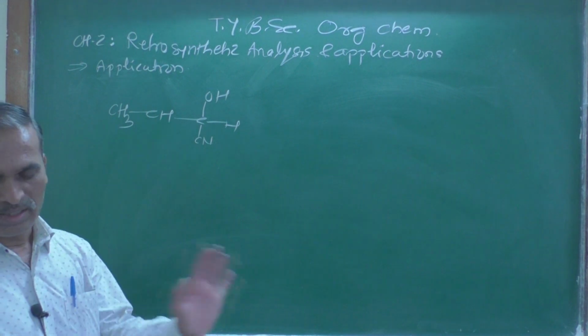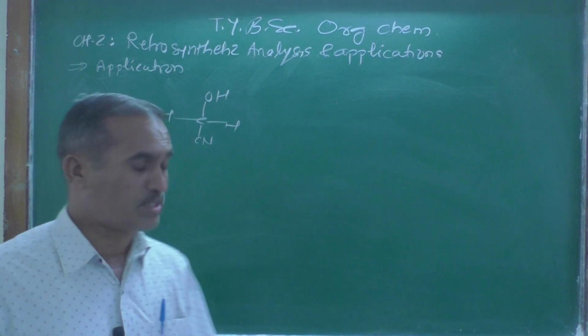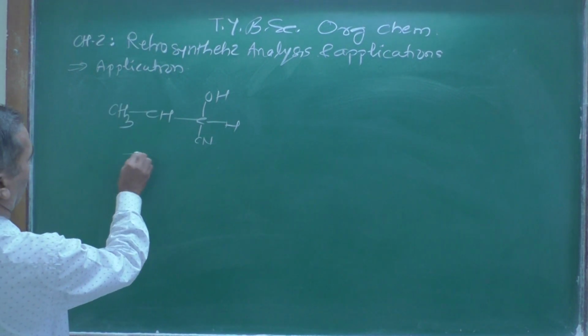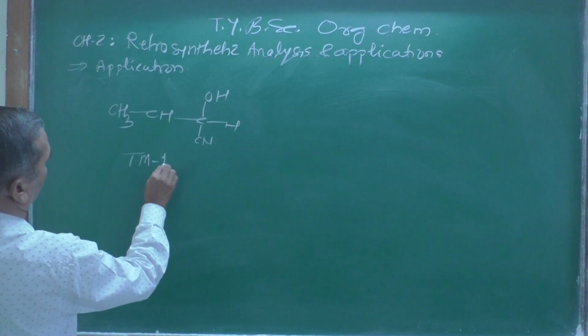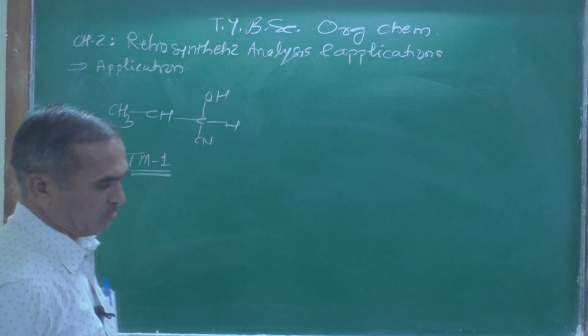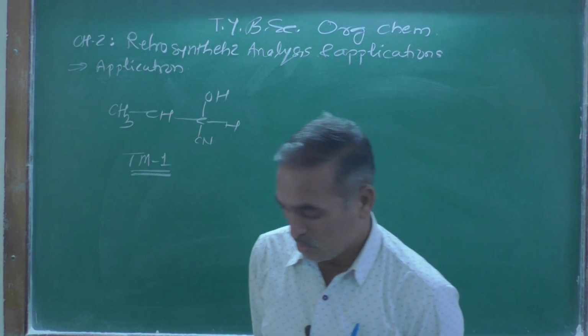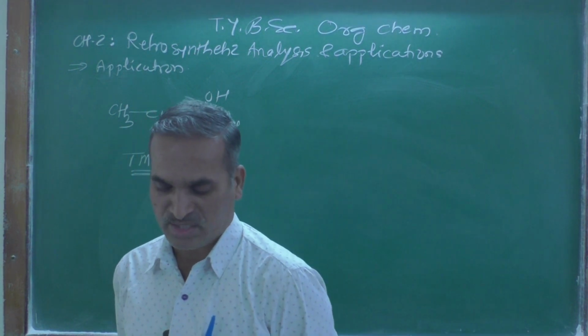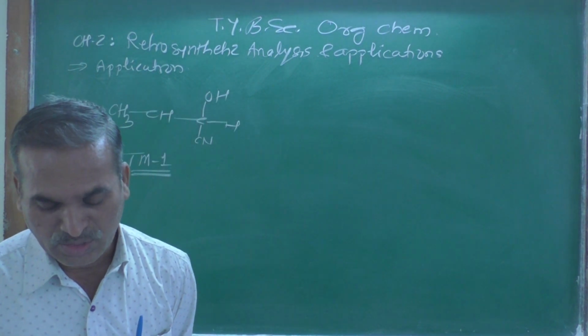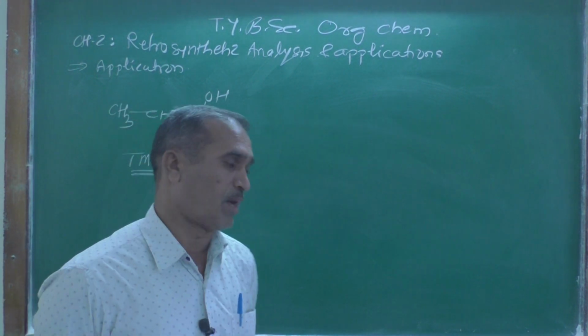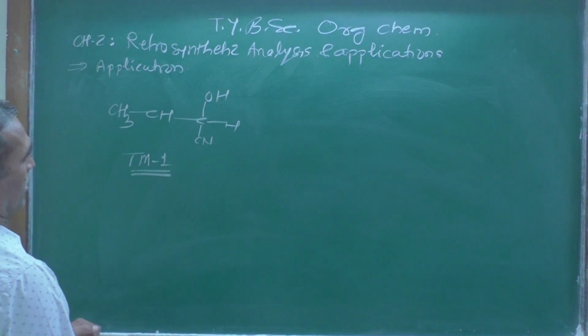So this is our target molecule. We can call it target molecule A, or target molecule 1. I am writing over here TM1. As we know, TM means the molecule whose synthesis is being planned is called the target molecule, and this is our target molecule.